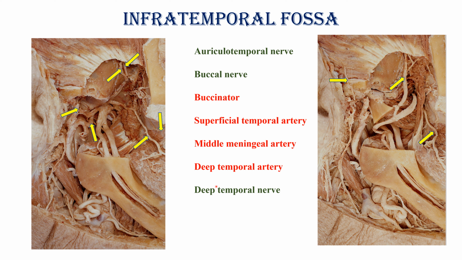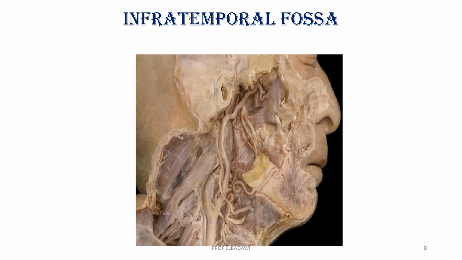The deep temporal nerve just lateral to it, that is the deep temporal nerve. The posterior belly of the digastric can be seen here. The maxillary artery, which is the main part of the fossa, is seen here.